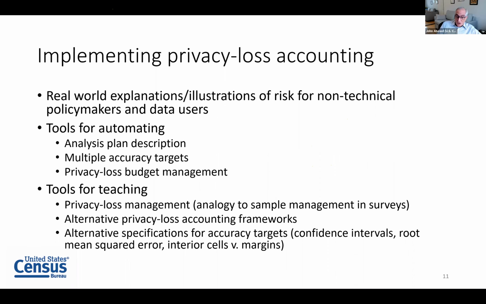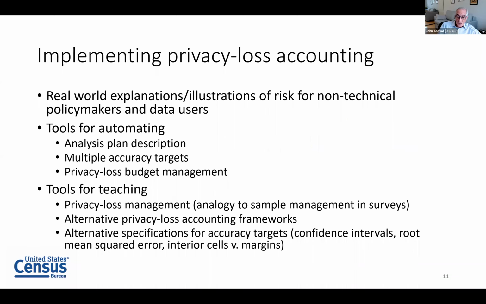Those frameworks should be selectable. If it is the case that there's a dominant framework, either by proof for this problem or by inspection for a given set of feasible frameworks, then the user should be able to discover that, or you should help the user discover that. Finally, alternative specifications for the accuracy targets: confidence intervals, root mean squared error, interior cells versus margins.